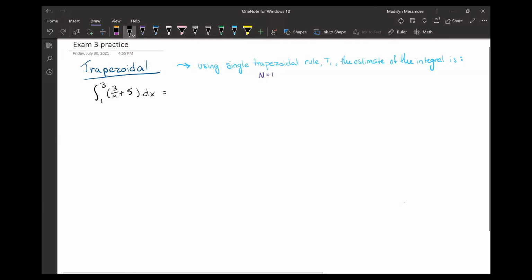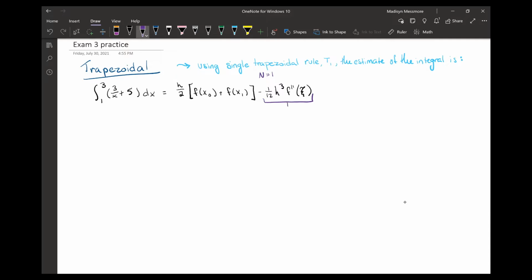And our formula is h over 2 times f of x sub naught plus f of x sub 1, minus 1/12 h cubed f double prime of that nasty guy. So this one, you don't actually have to calculate.